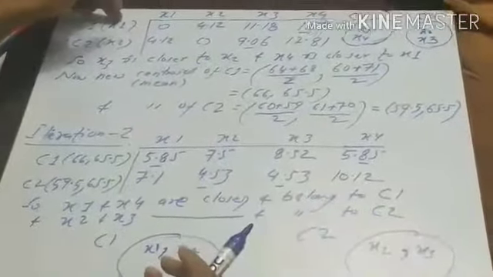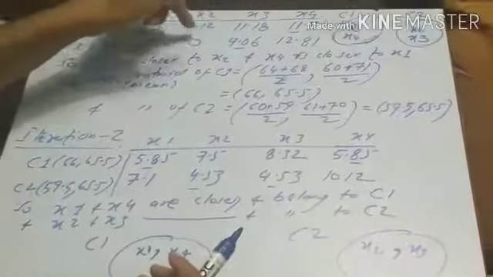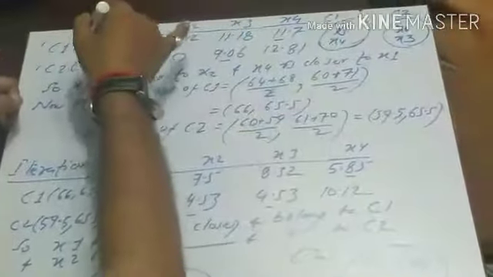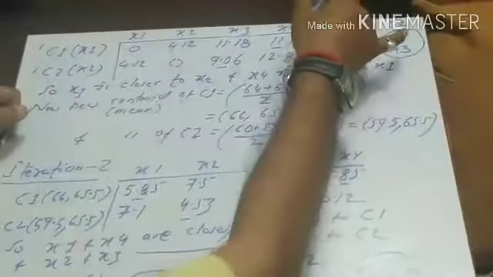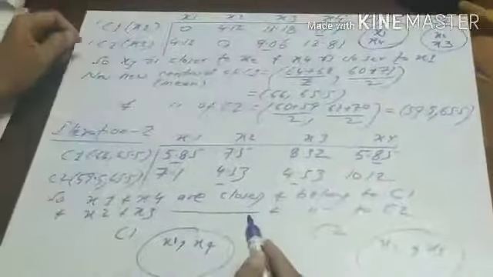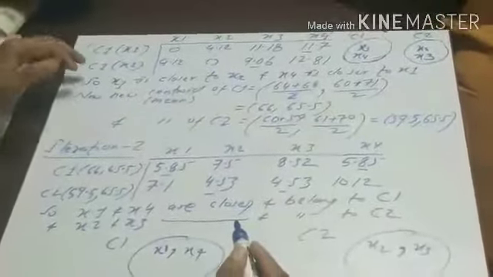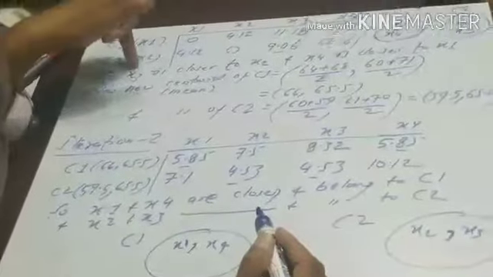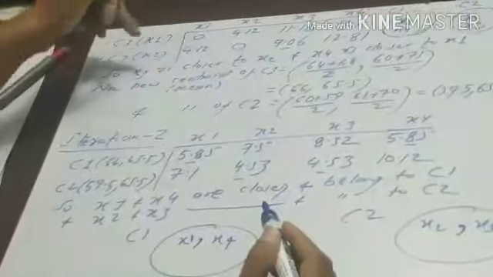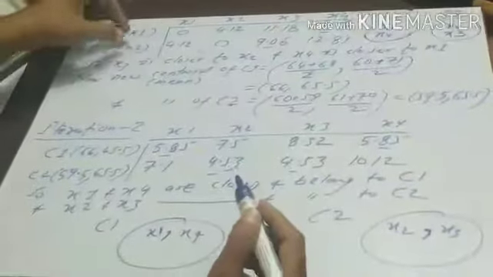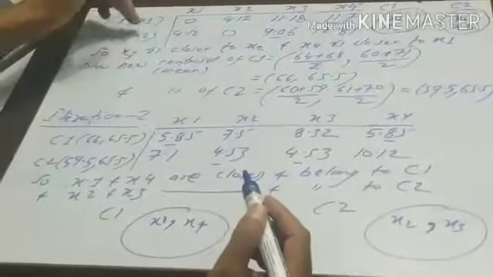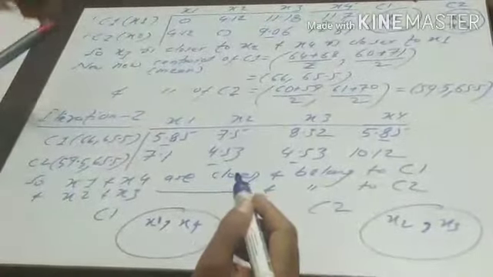The distance between x1 and x2 is 4.12, x1 to x3 is 11.18, and x1 to x4 is 11.7. Similarly, our second cluster is C2 and its centroid is x2. The distance between x2 and x1 is 4.12, x2 to x2 is 0, x2 to x3 is 9.06, and x2 to x4 is 12.81.